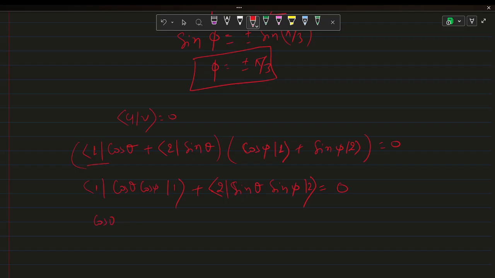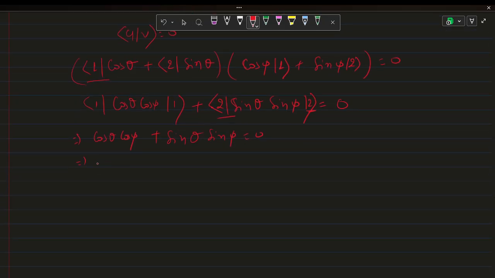So we can take cos θ cos φ + sin θ sin φ equal to 0, as these are normalized wave functions. This can be written as cos(θ − φ) equal to 0.